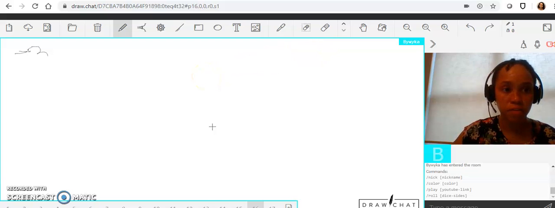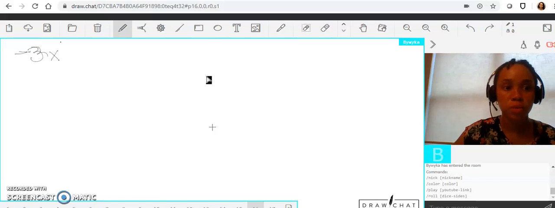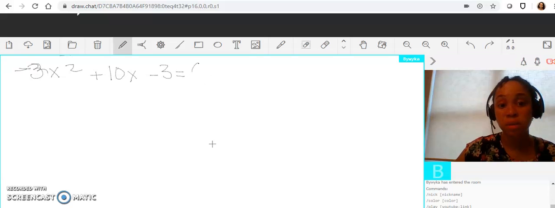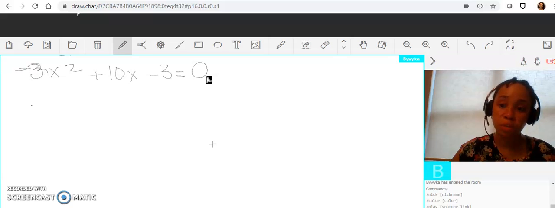So I have negative 3x squared, not a squared. Sorry. Plus 10x minus 3. Remember, it has to be equal to 0 because I want to find out what my solution is. So the first thing I'm going to do is name what my values are.